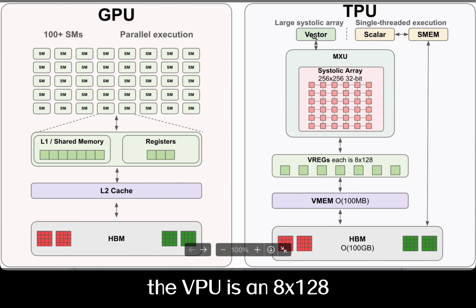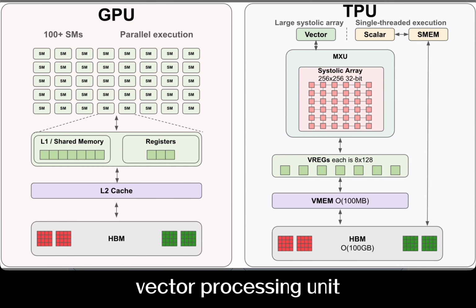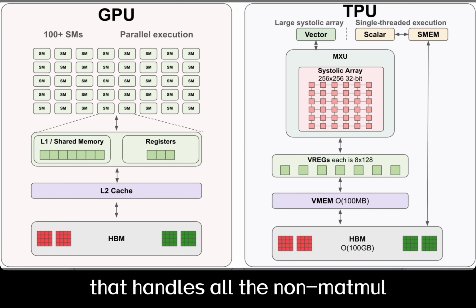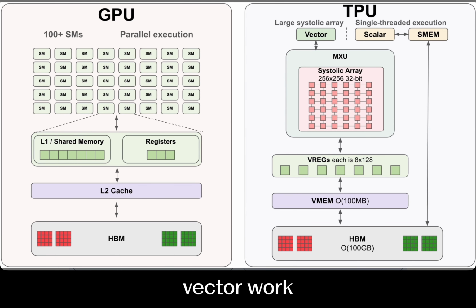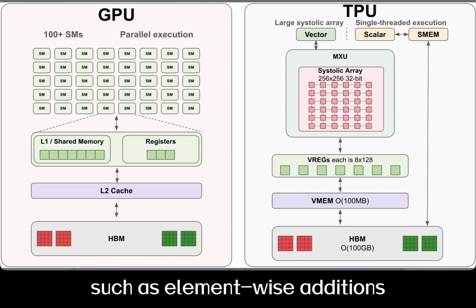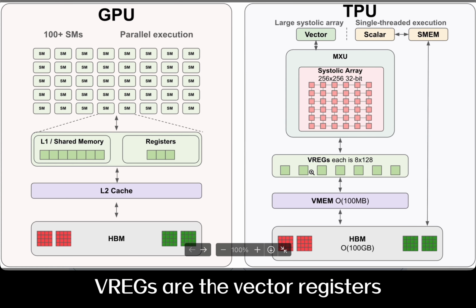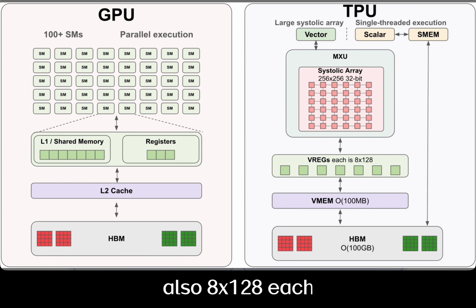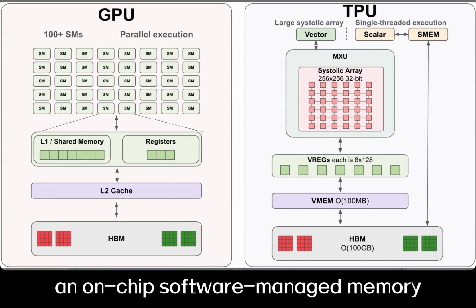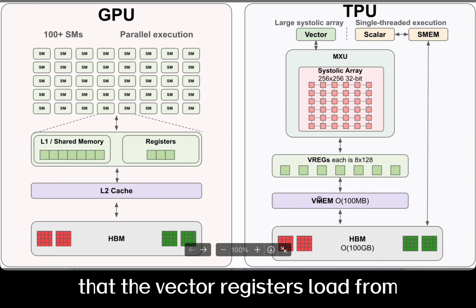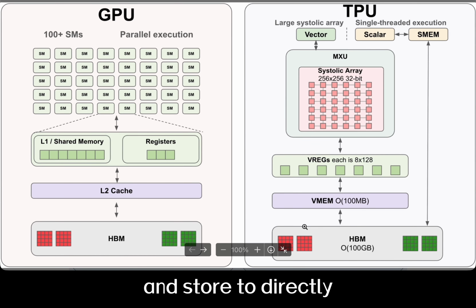The VPU is an 8 by 128 vector processing unit that handles all the non-matmul vector work, such as element-wise additions and activations. VREGs are the vector registers, also 8 by 128 each. Below that sits VMEM, an on-chip software-managed memory that the vector registers load from and store to directly.